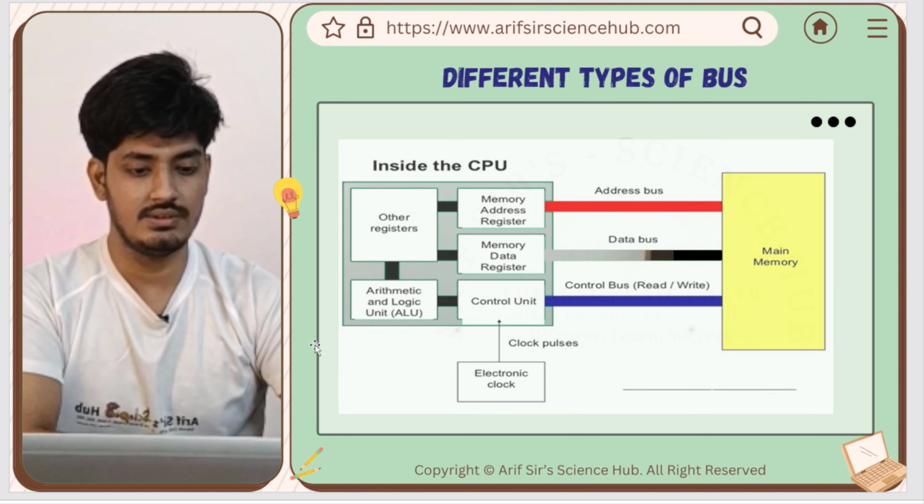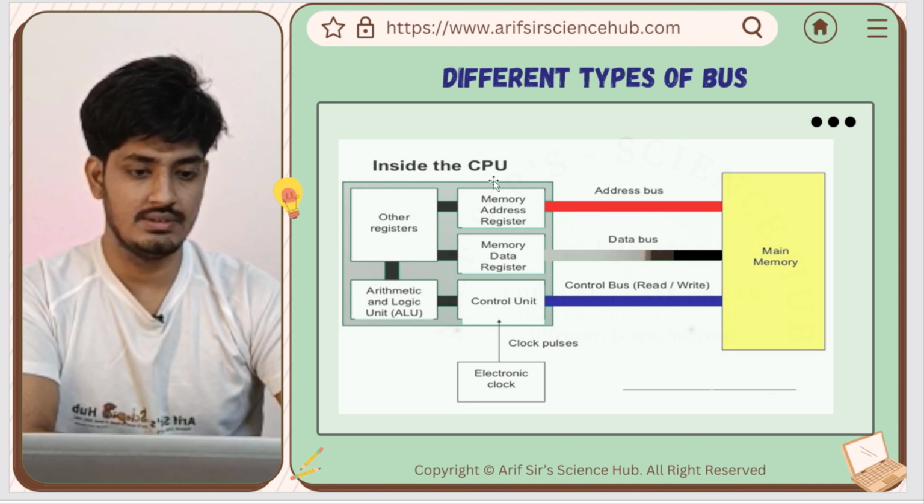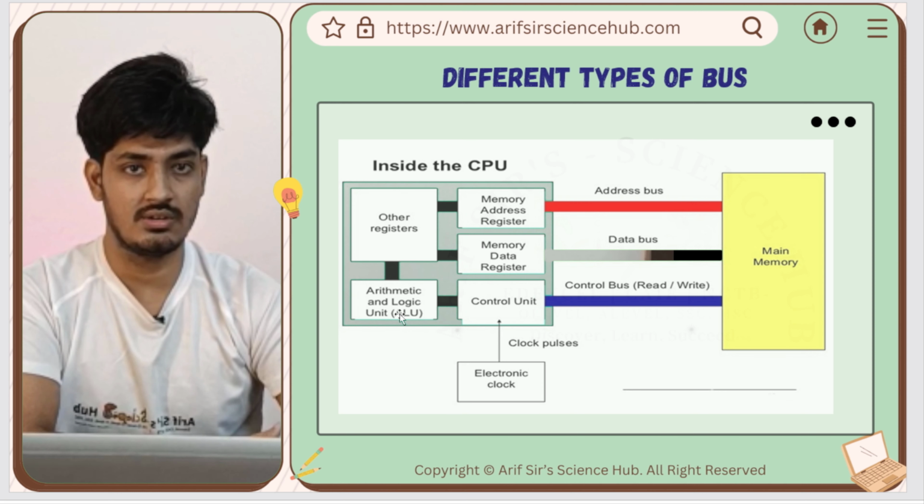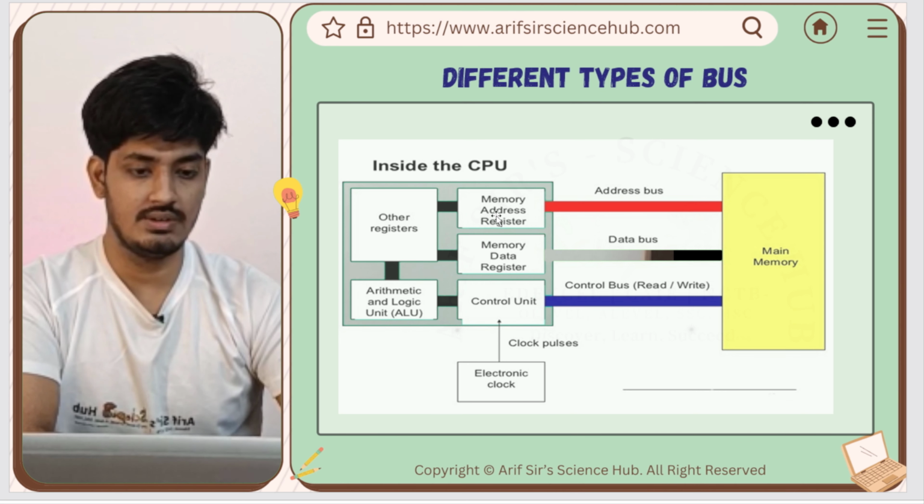You can see in this figure, we can see inside the CPU. Inside the CPU, there are different types of registers, the control unit, and the arithmetic logic unit. You can see we have the memory address register, the memory data register, then the other registers, the arithmetic logic unit, and the control unit. Within the control unit, we have the electronic clock. The clock pulses are connected to the control unit.